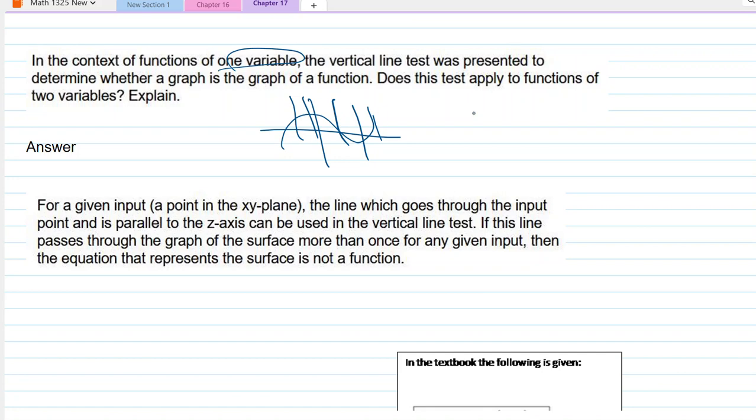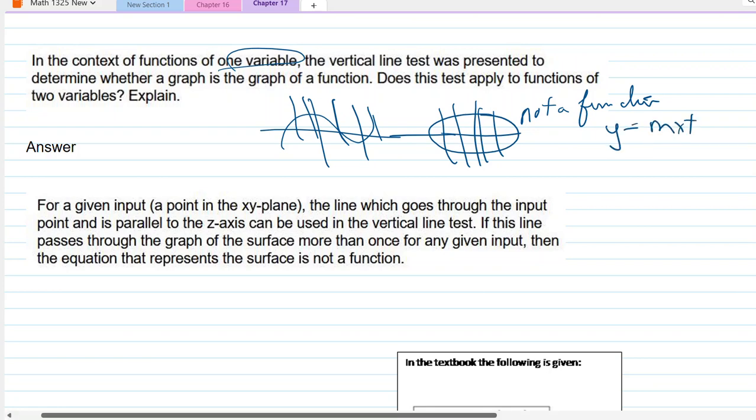And if it was this, it is not a function. In one variable, y equals some mx plus b, or x squared plus such and such. Does this test apply to functions of two variables, and explain?